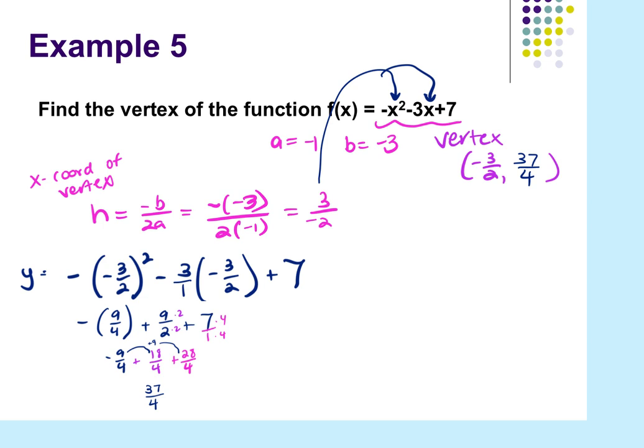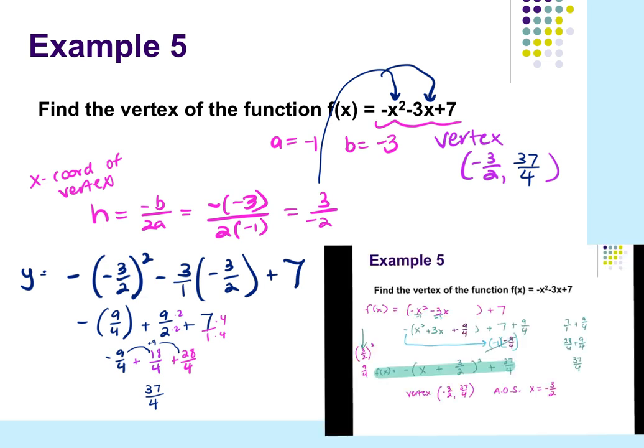Now, if you look back on what we did yesterday, we did it using complete the square, but we ended up with the same answer, negative 3 halves and 37/4. From here, you can get your axis of symmetry, which is x equals negative 3 halves.